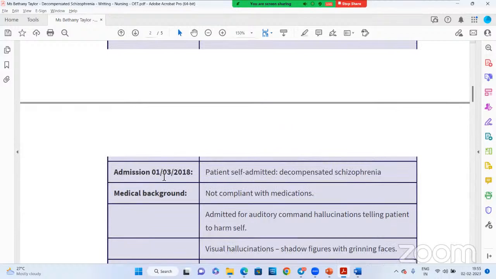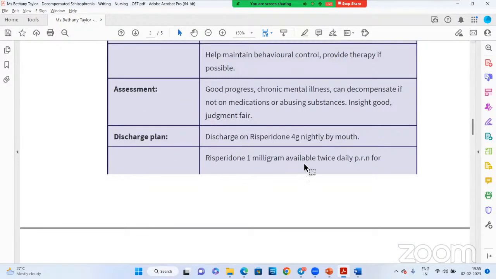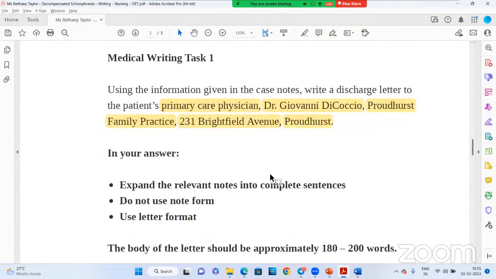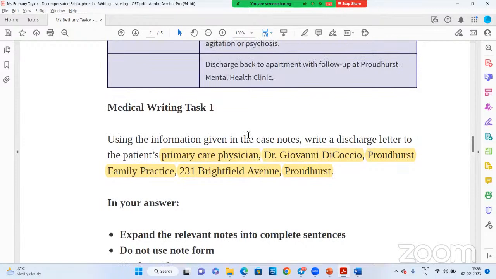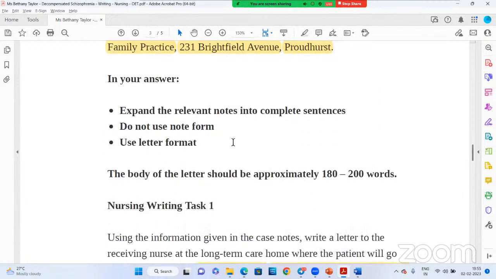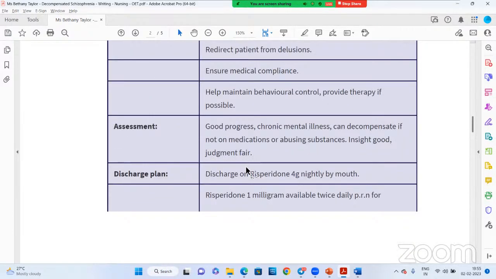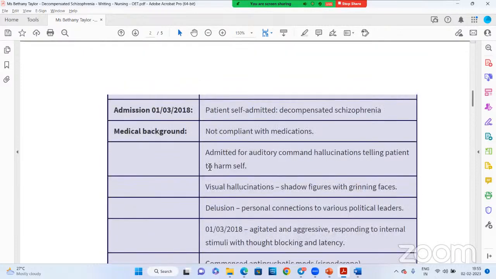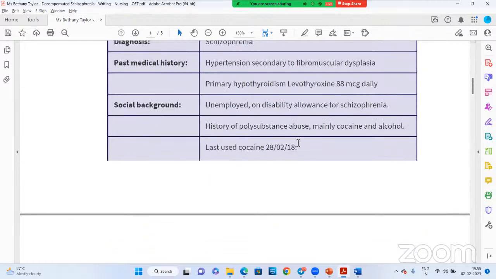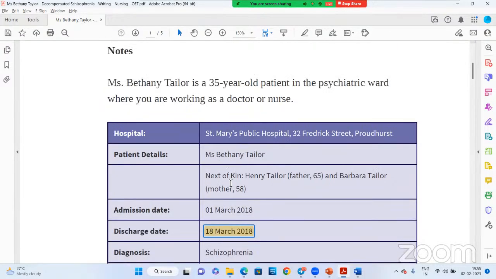Admission, 1st March. Discharge, 18th March. Right, this is the first address.